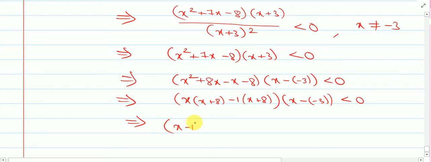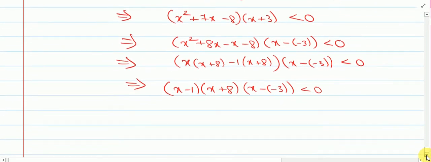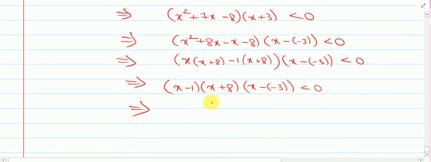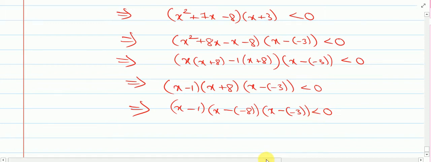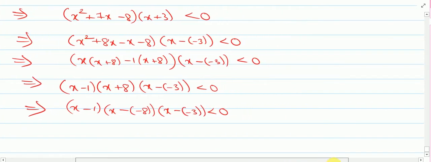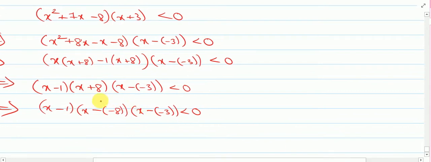So x minus 1, x plus 8, and x minus minus 3, less than 0. Done till here. So we have been able to factorize.